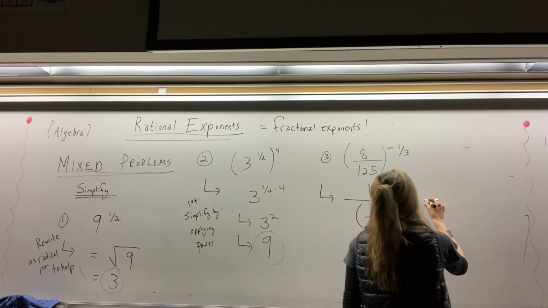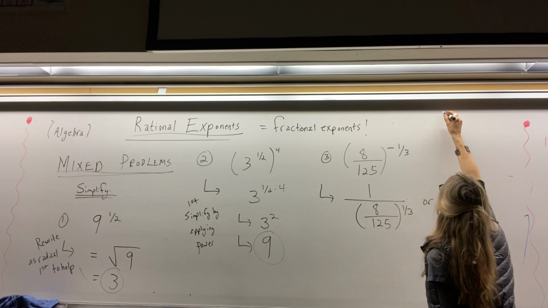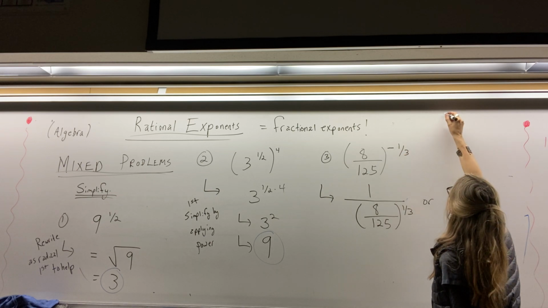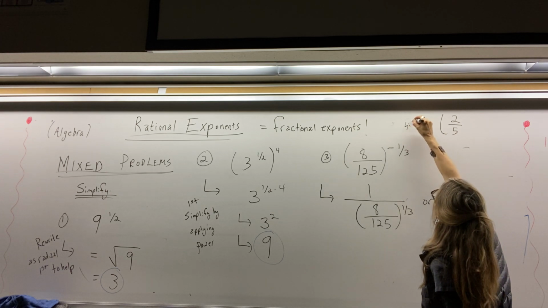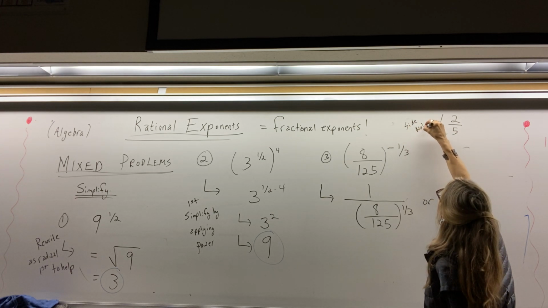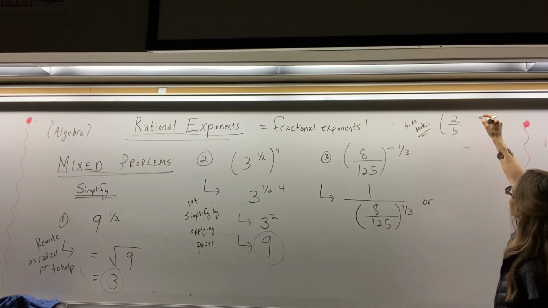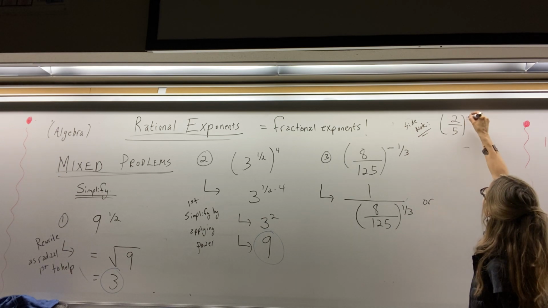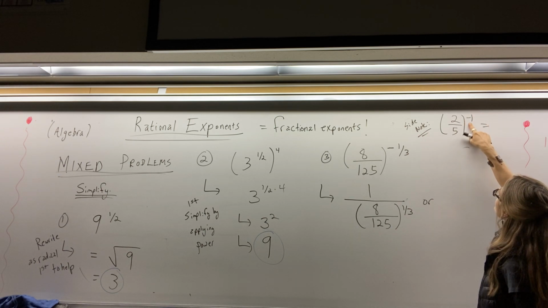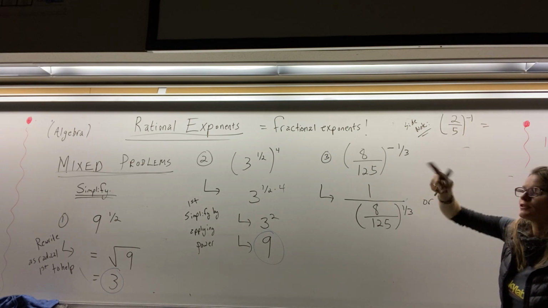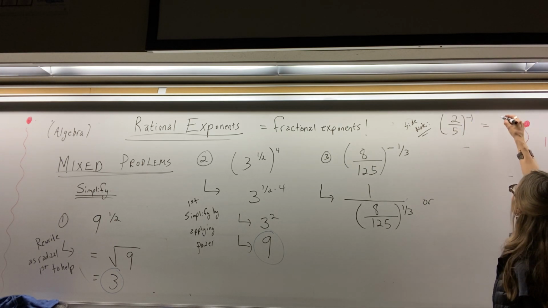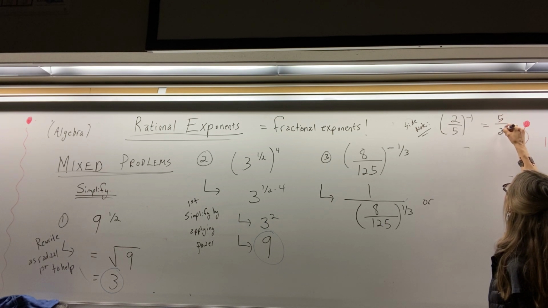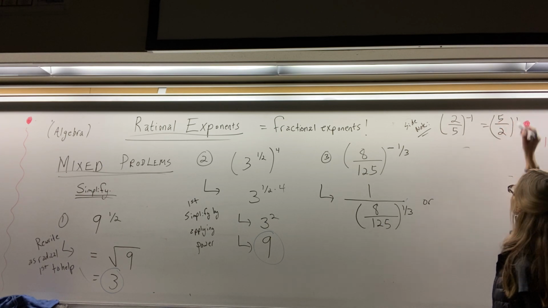Or a little trick is when we apply the reciprocal properties of negatives. So, a little side note here, if I have 2/5 to the negative 1 power, what the negative exponent does is switch your numerator and denominator. So this is equivalent to 5 over 2 to the positive 1.